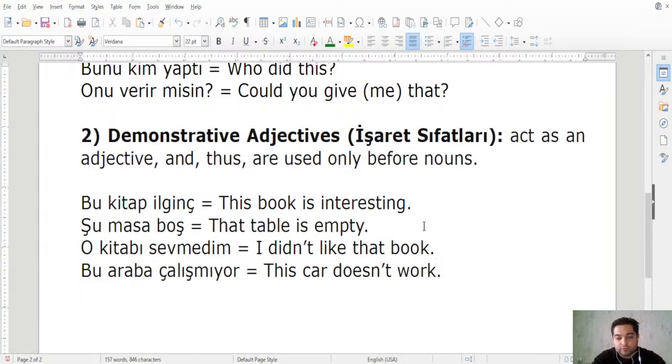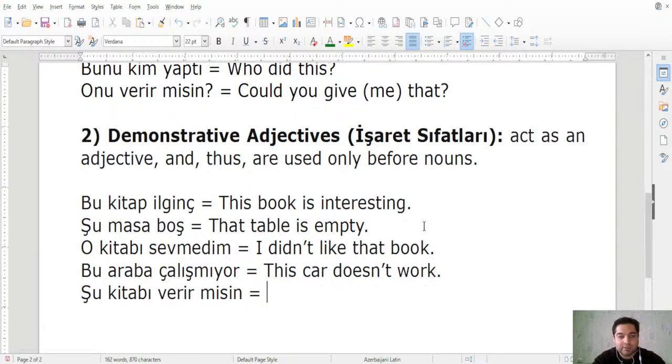What about şu? Şu kitabı uzatır mısın? Şu kitabı verir misin? Okay, şu kitabı verir misin? Could you please give me that book that you see, probably very distant, not distantly, but not close to you?